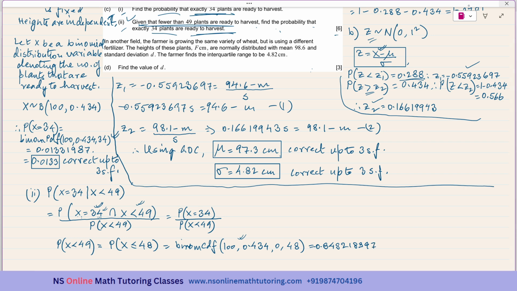Now I am in a position to get the answer for this part. It is 0.01331987 over 0.84821837.